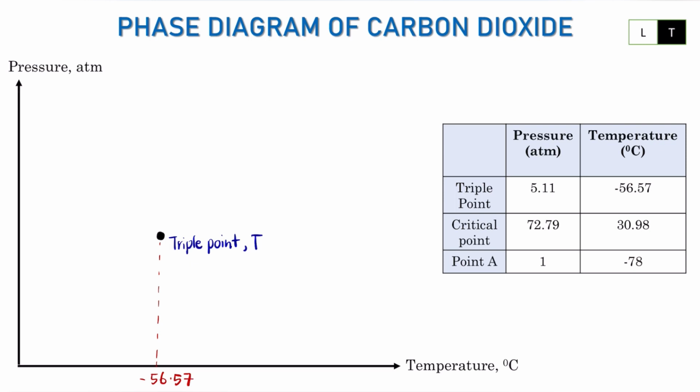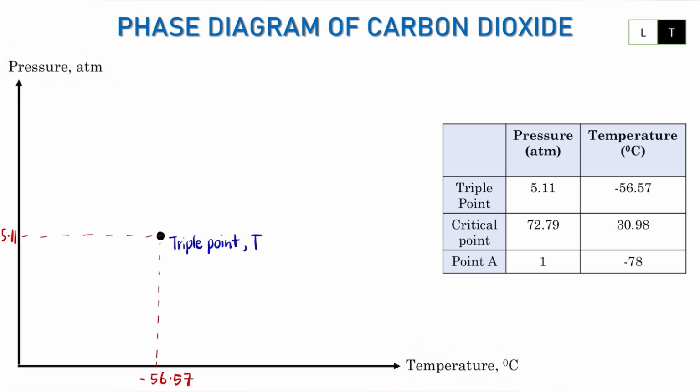And then untuk this part, this line adalah merujuk kepada pressure, iaitu 5.11 atm. So pastikan awak draw awak punya phase diagram dengan axis yang betul.